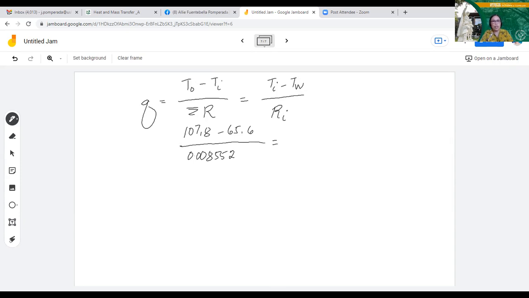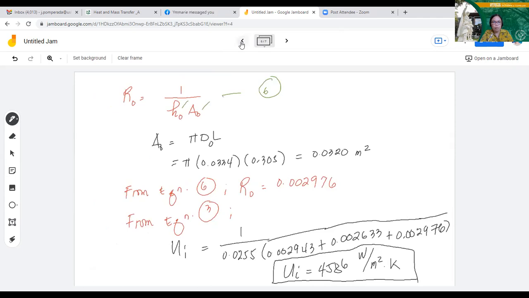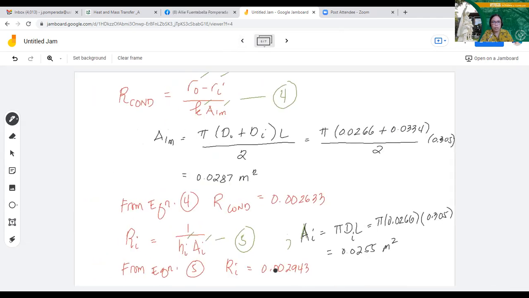Okay, and we have here T sub I, and we have the temperature at the wall. This is actually the delta T, the temperature difference. I might as well write it now as delta T. And we can go back later to checking what is the T sub W. And then we have here the R sub I only. So the R sub I only is 0.002943.